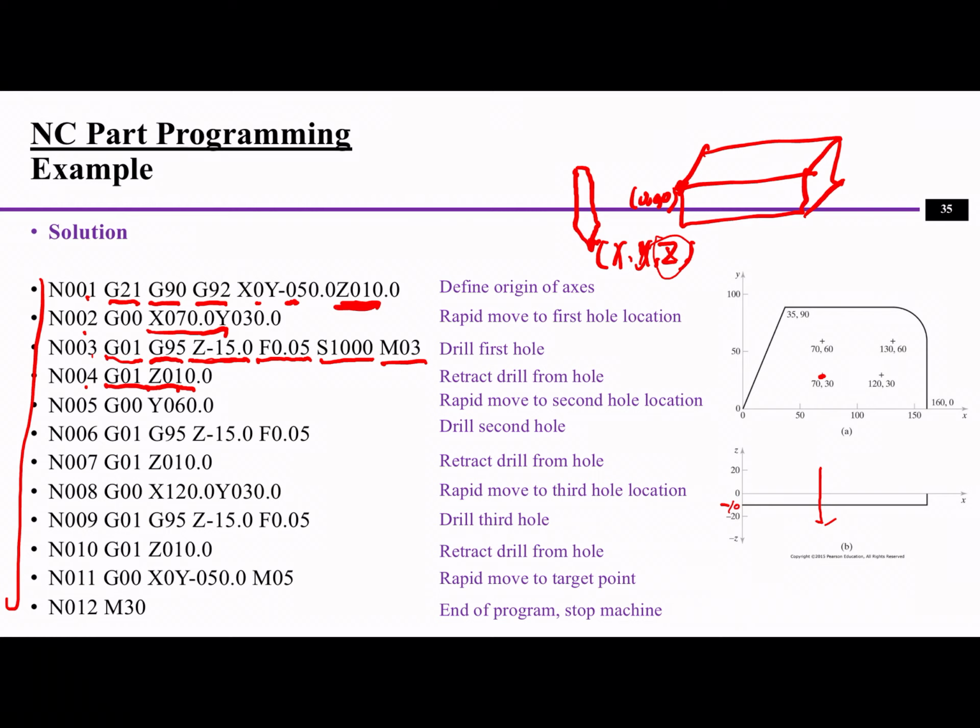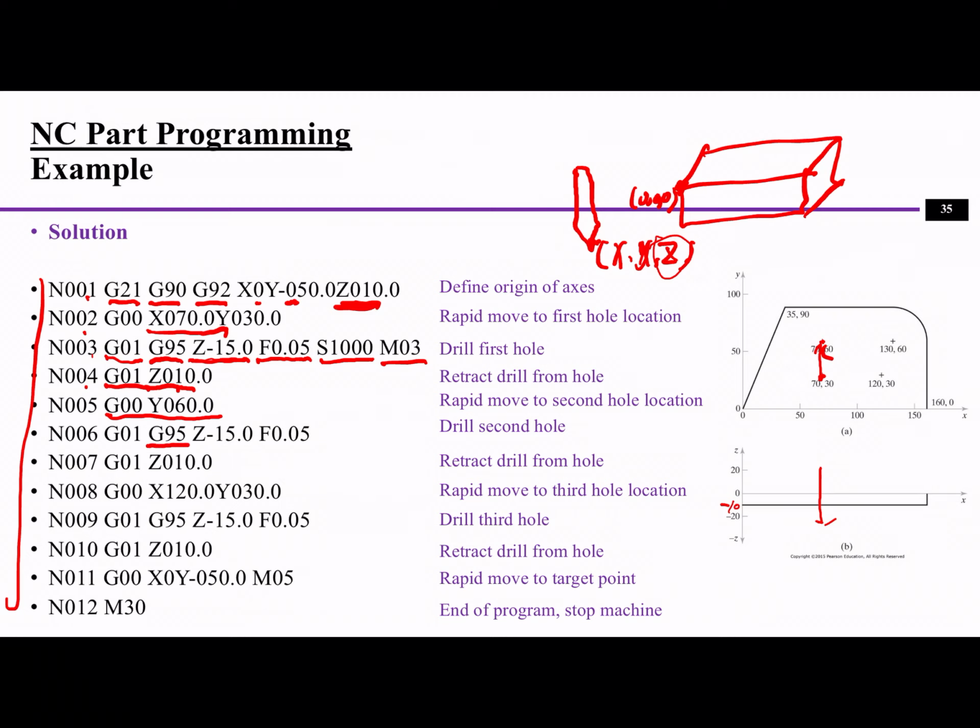If we want to move to another position, we have to retract the machine tool back to its original height, and then move to another position. And then G00 is going to move Y to 60. Keep the X the same, keep the Z the same. Only we move the Y to 60. Now move here, and then basically do the same.